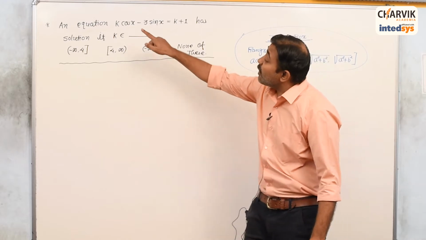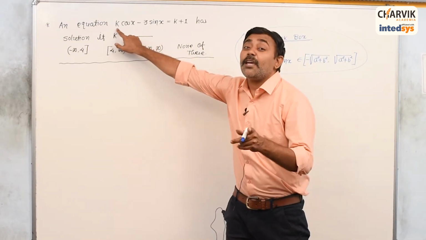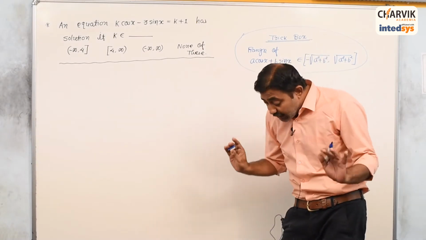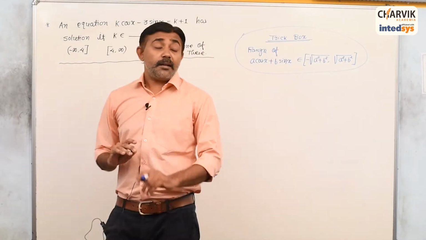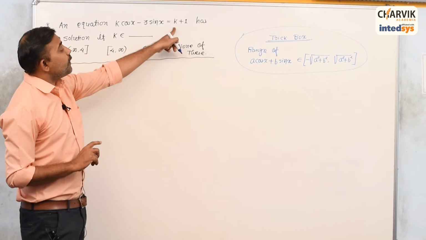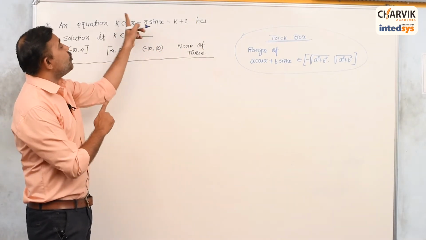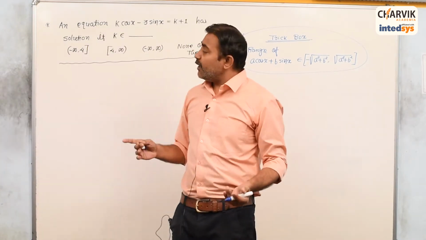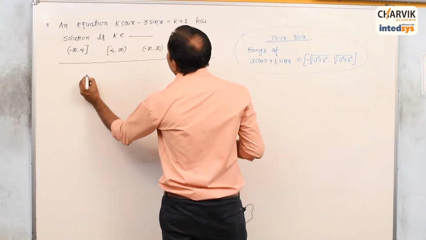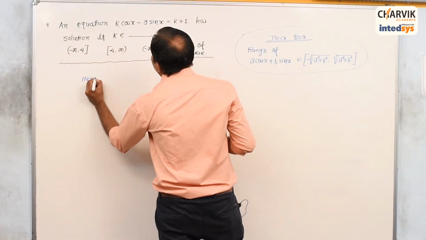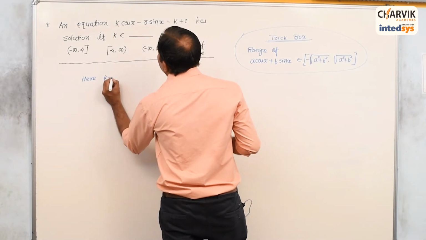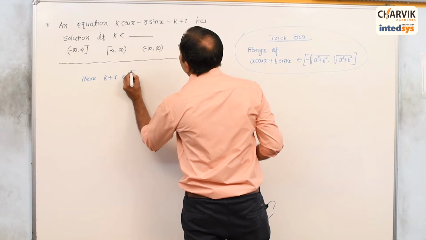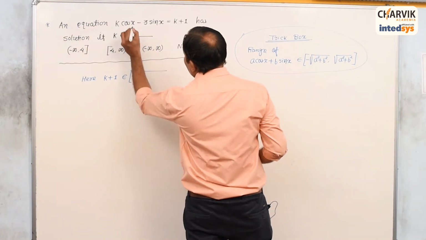See that you can compare this equation with a cos x plus b sin x. So here we may write k plus 1 belongs to the range of this function a cos x plus b sin x. So let me write: k plus 1 belongs to minus under root a square plus b square.